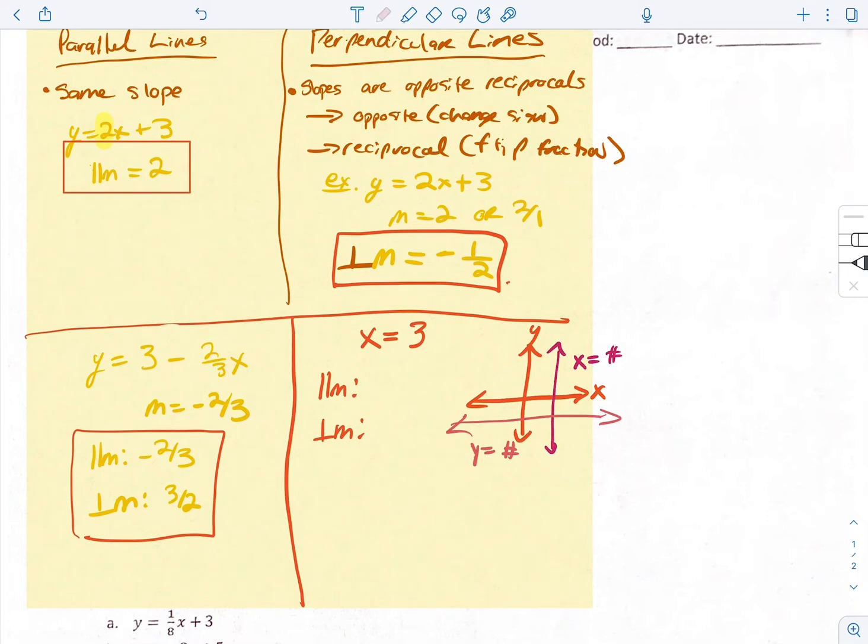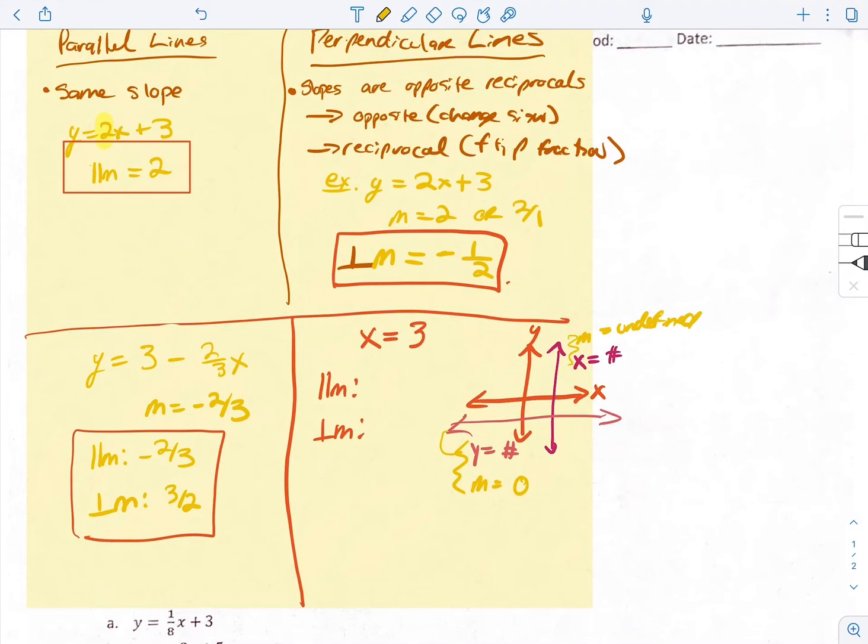All right, take note that the slope of this vertical line is going to be undefined, and the slope of y = a number is 0. So the horizontal line gives this information, and the vertical line gives this information right here.